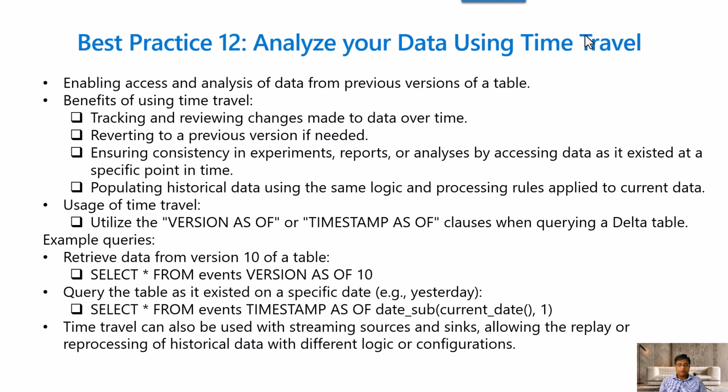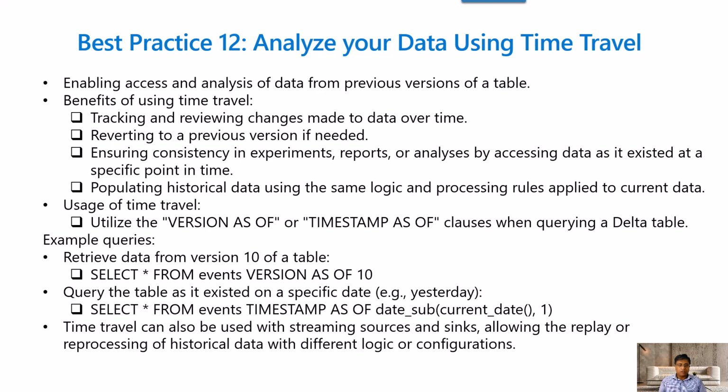It can also be very helpful for populating historical data, right? Because for historical data, you can use the same logic and processing rules, and you can apply the same concept to the current data. So it can help you to understand how the data load happened, and that way you can use it for the current data as well.